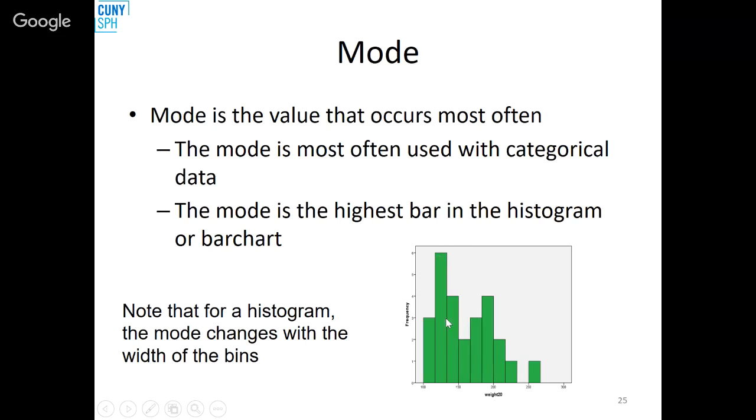So if we make a histogram by binning this variable into this size, then the mode is right here, whatever this value is. But because quantitative variables don't really have a mode, it'll change depending on your decision for the width of the bins. So it's not inherent to the variable itself.